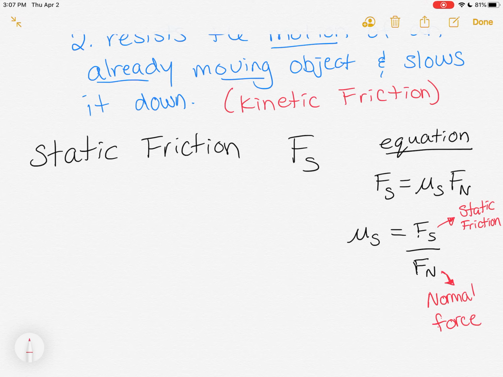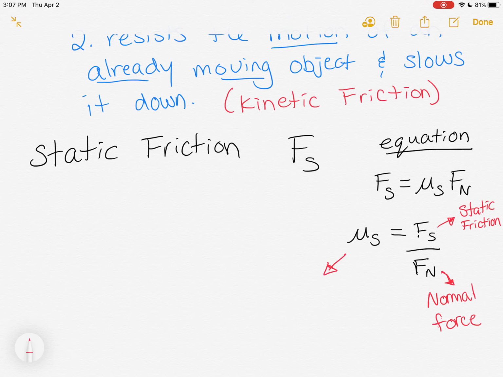Don't forget that the normal force has to be 90 degrees to the surface, so it's 90 degrees from whatever surface our object is resting on.